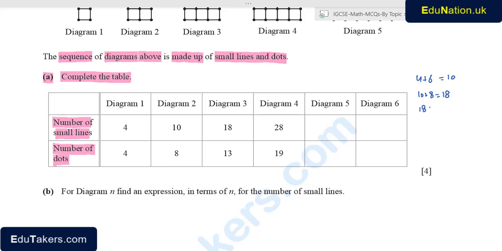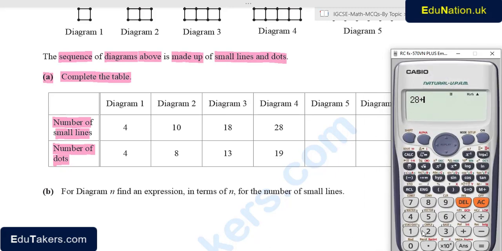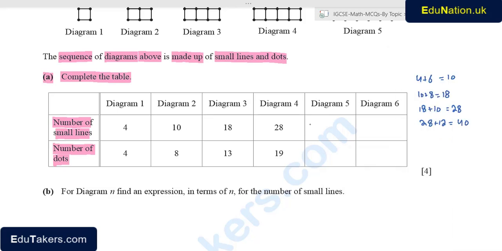Then 18 plus 10 is 28. So next will be 28 plus 12. 28 plus 12 is 40. This is 40, and next will be 40 plus 14, which is 54.